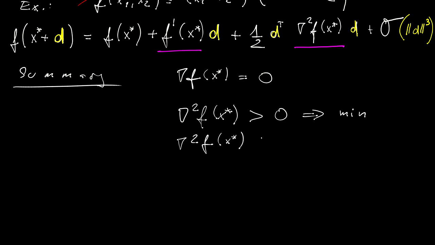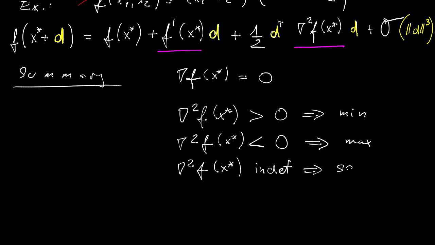If it's strictly negative, or negative definite, we have a local maximum. If it's indefinite, that means some eigenvalues are negative, some are positive, we have a saddle point.